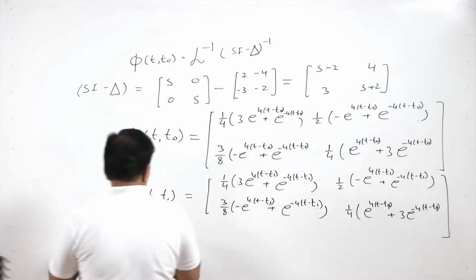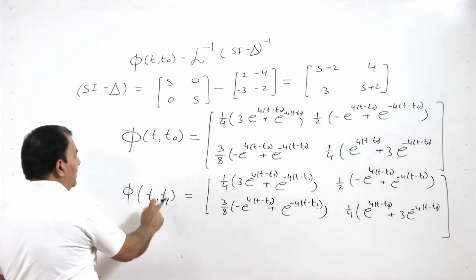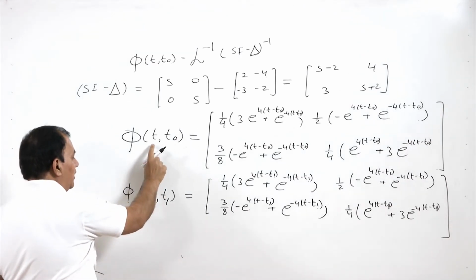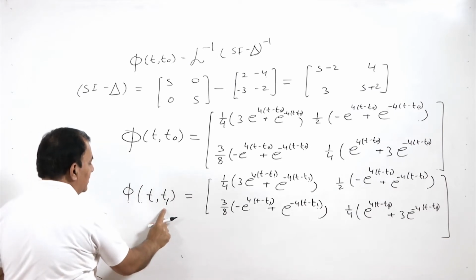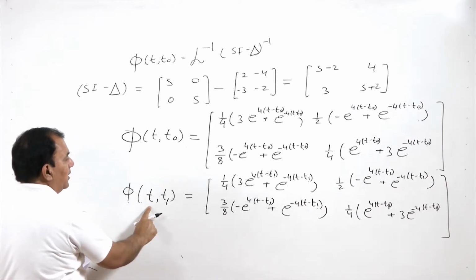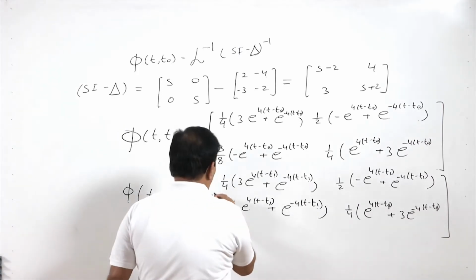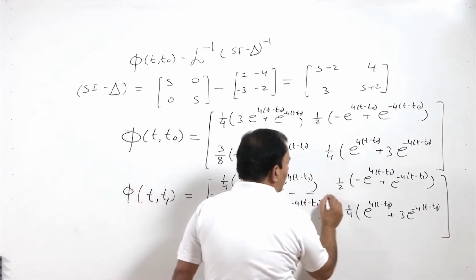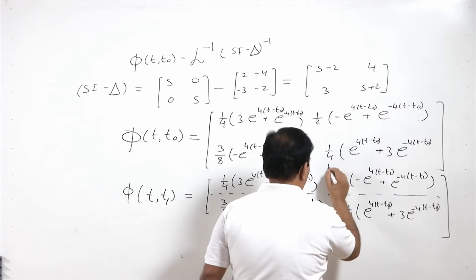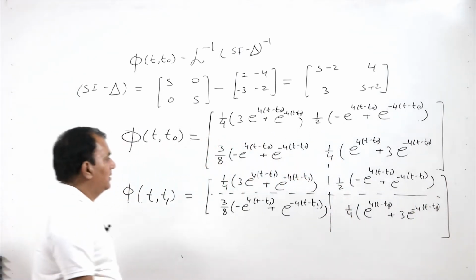So, this is the same matrix here, but here it is T0 to T, then here we have T1 to T. So, this state transition matrix we have partitioned as the 4 elements.